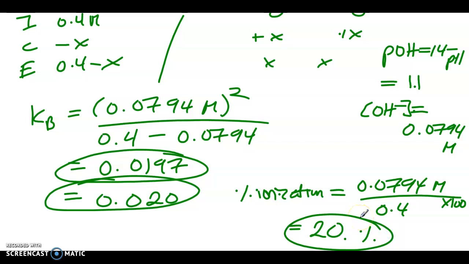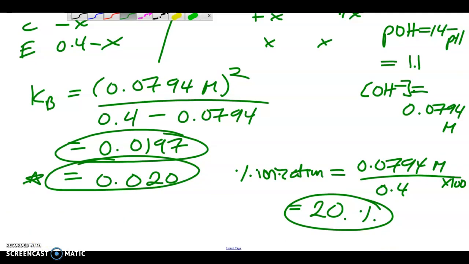So let's look at the second part. It says compare your calculation of this Kb, which is here, to the Kb in the other sample problem. The sample problem for CH3NH2 gives 4.4 times 10 to the negative 4.